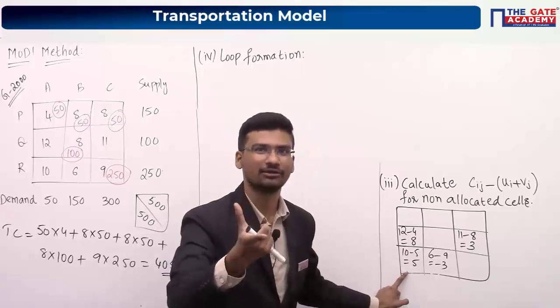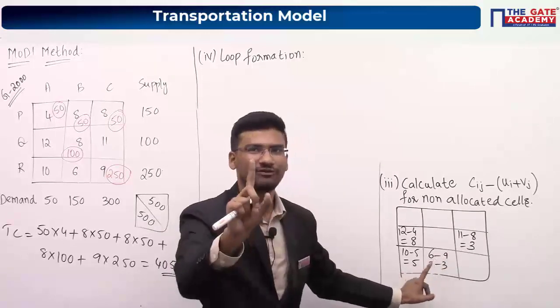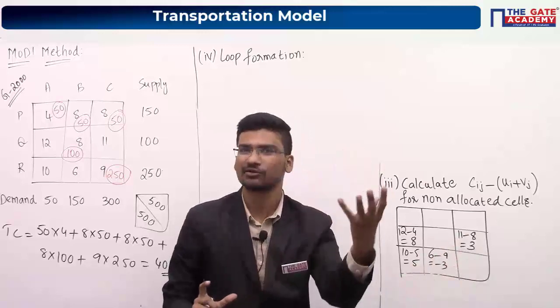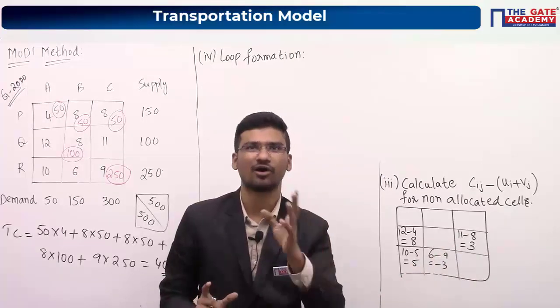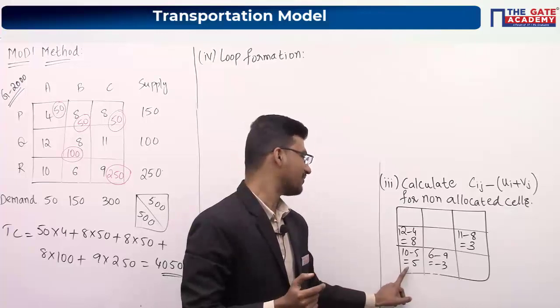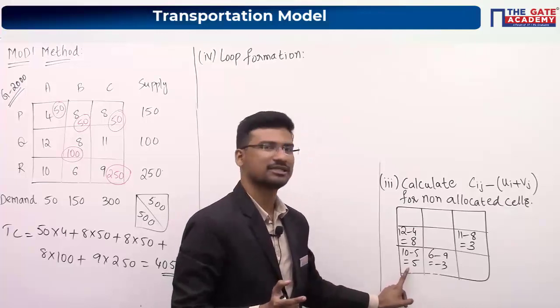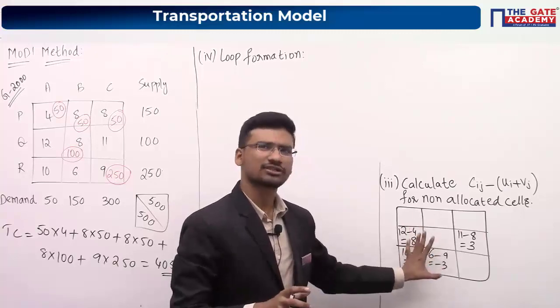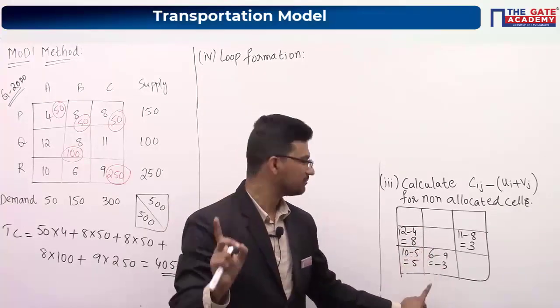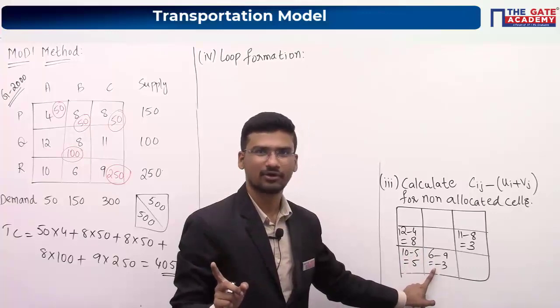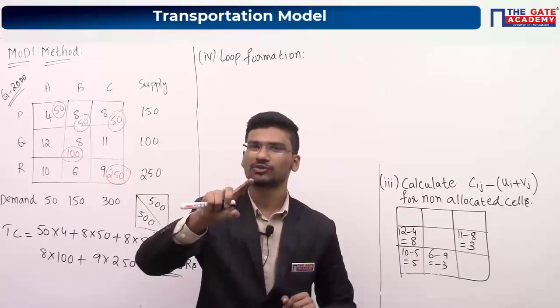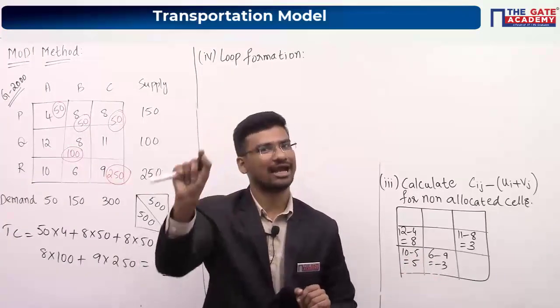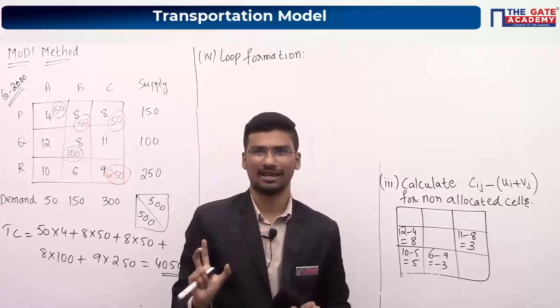Maybe in this question you have only one negative value, but in other questions you may have more than one. In this question we have only one negative cell, that's why we'll be starting our loop from here. Whenever you start a loop, you have to start from that particular cell and end the loop also in that same cell.